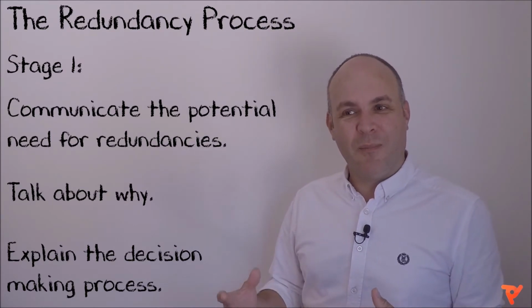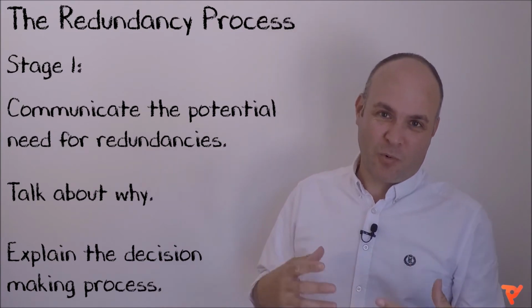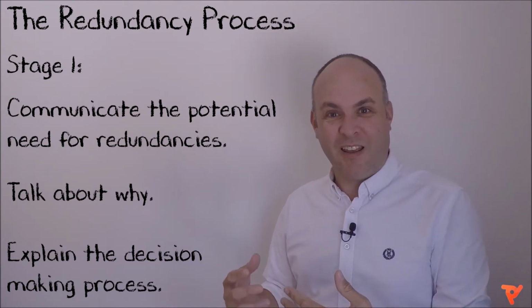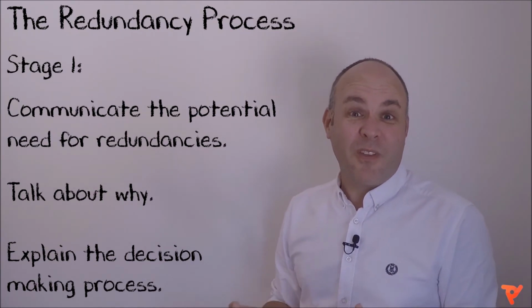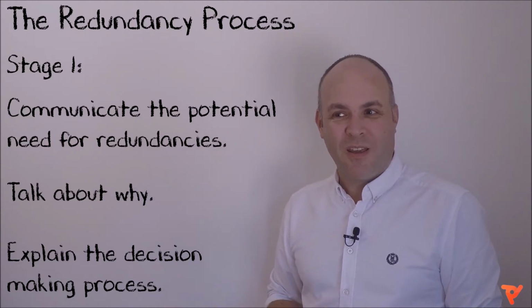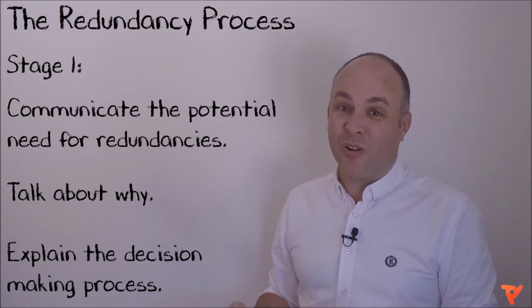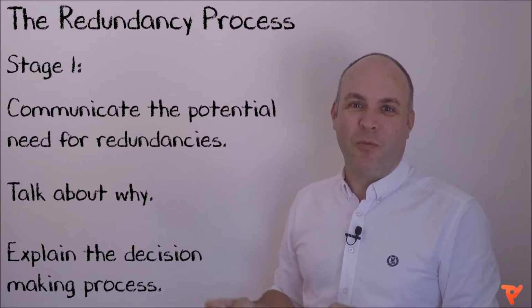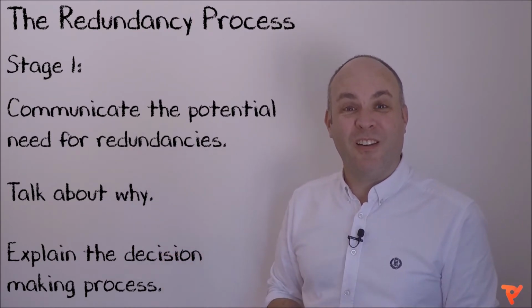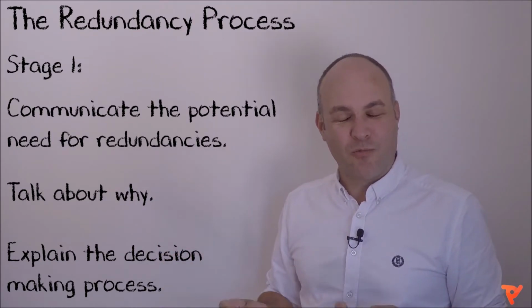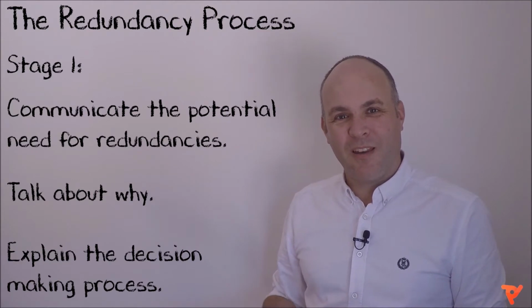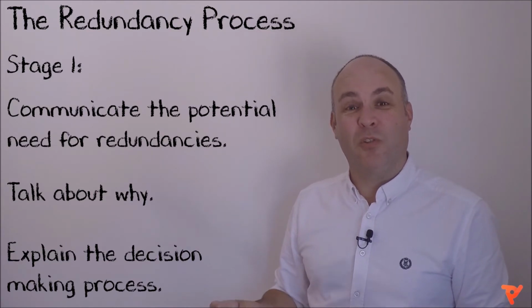With this, it makes them feel more included. It's an unfortunate process, but if they understand it, they're in a better position, if they're able to help you. In fact, in one situation not so long ago, we had an employee put forward a suggestion that prevented the redundancies wholesale. So it's really important you communicate and communicate correctly with your teams.